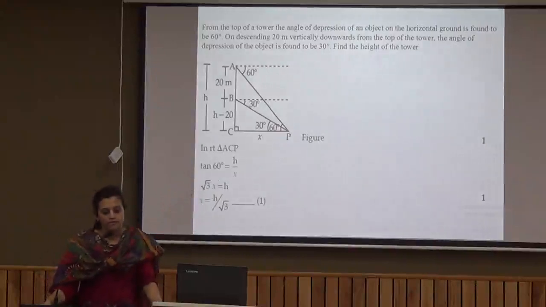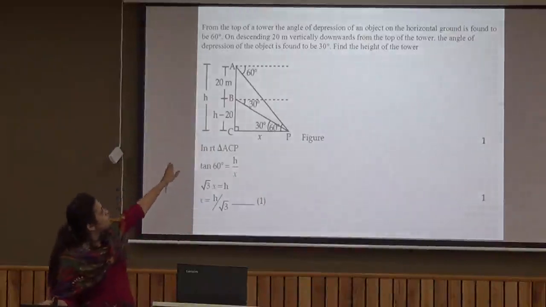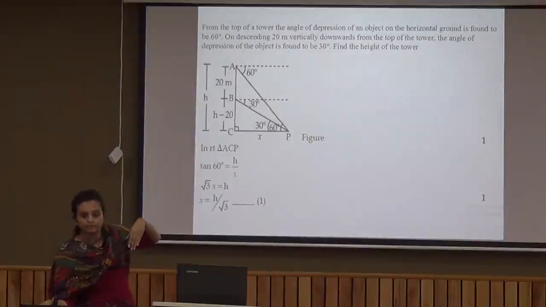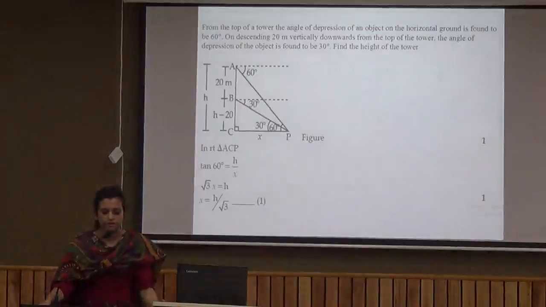On descending 20 meter vertically downwards. So let's say that as we move straight down 20 meter, I reach a point B, so that AB is 20. Now from B the angle of depression is 30. Right? It says on descending 20 meter vertically downwards from the top of the tower, the angle of depression of the object is found to be 30. Find the height of the tower.